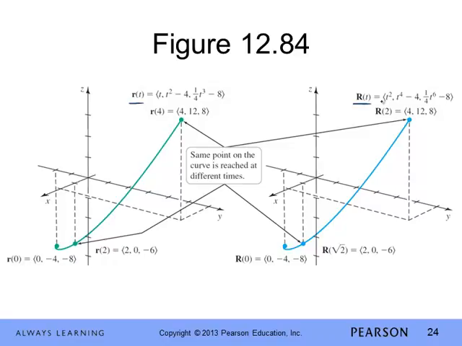Now, hopefully you're following along in the textbook as well. But as you look at these two trajectories, these two different R functions, what do you notice as to the relationship between the two of them?